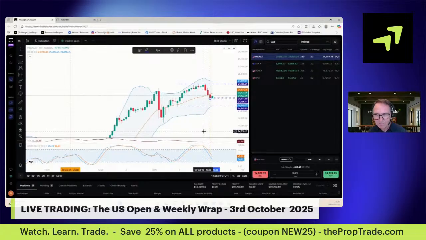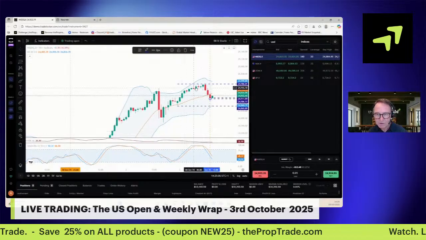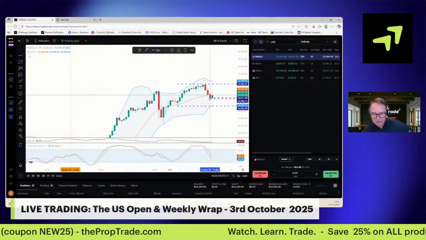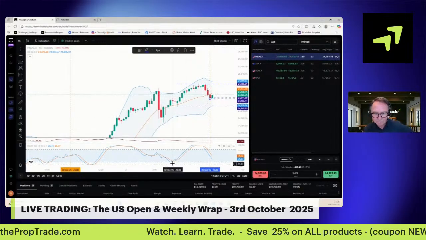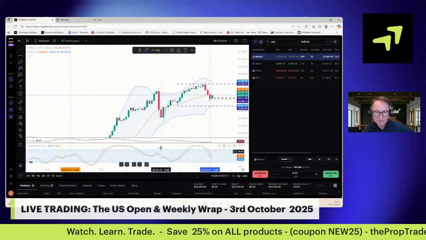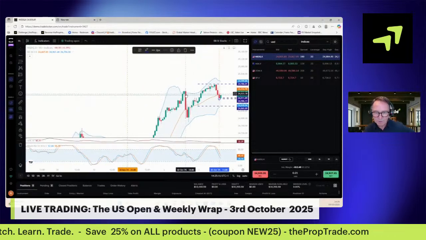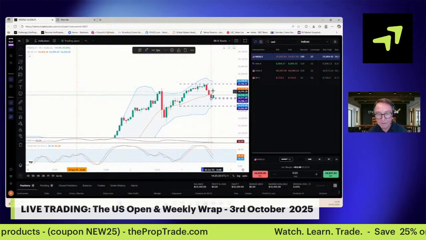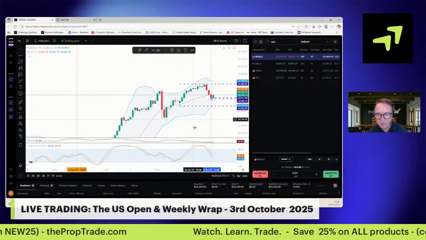There's the last cross. Actually, it hasn't touched the outside of the Bollinger Band, so that hadn't triggered. It had been long here. This one, in fact, hadn't triggered there either because it had been on the outside, so that's not working in that hourly time frame because it hasn't touched. There's no trades open on that hourly time frame.